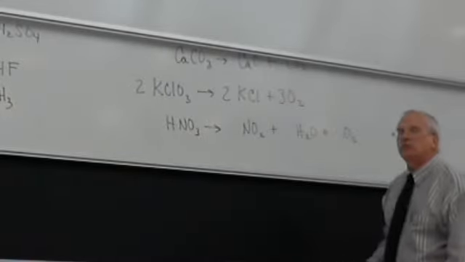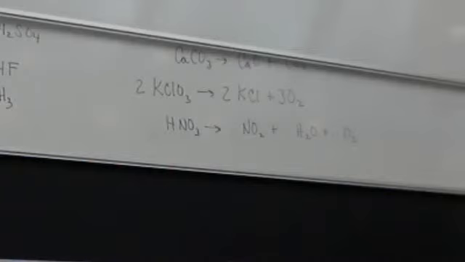So if we were doing this, an approach would be to start with something. I usually am told to leave hydrogens and oxygens to last. I'm certainly going to leave the oxygen to last here because it's in multiple spots. The hydrogen is localized into just one place, so that helps. But I'll start with the nitrogen, and I have one on the left and one on the right, so I'm okay with nitrogens.